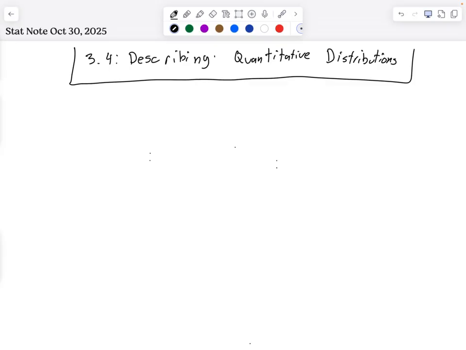Okay? So when we describe, the first thing that we want to do is to give it context. Don't forget, context is the first thing that is important. And in the context, we need to make sure that we say what? What are the two pieces of information that are context?